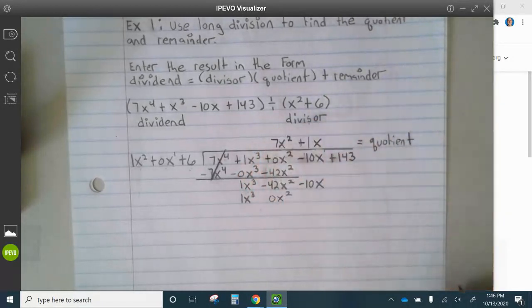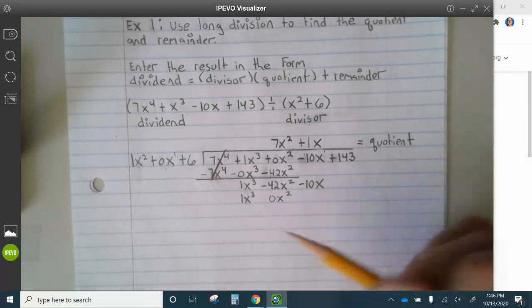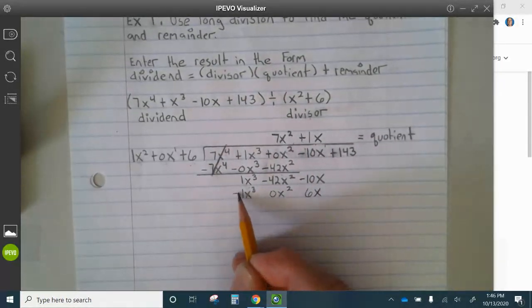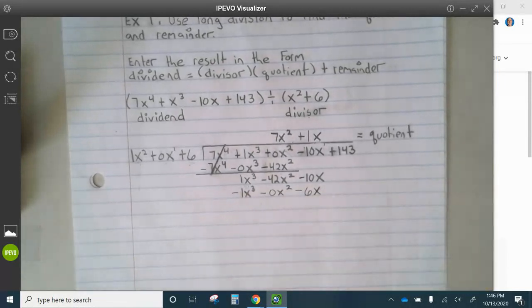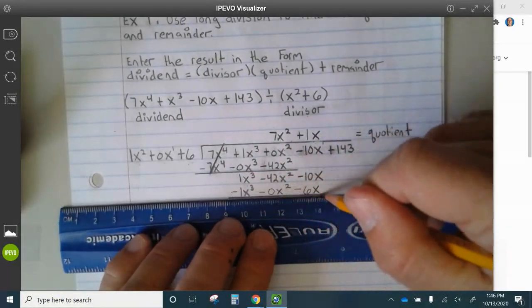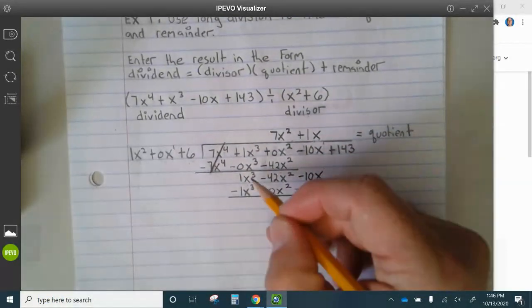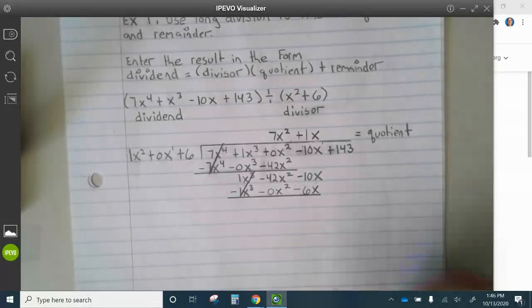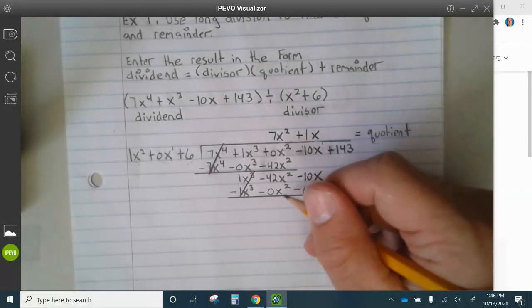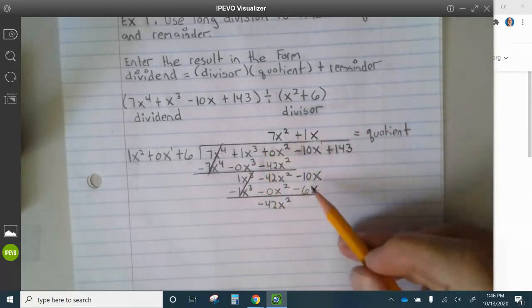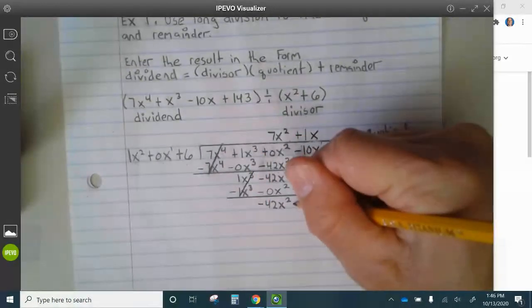And then 1x times 6 is 6x. Now you subtract each of the terms. So again, if you do this correctly, the first terms cancel, and they do. Negative 42x squared minus 0x squared is negative 42x squared. And negative 10x minus 6x is minus 16x.